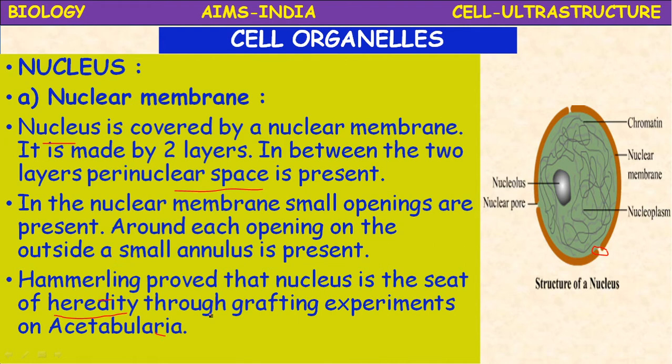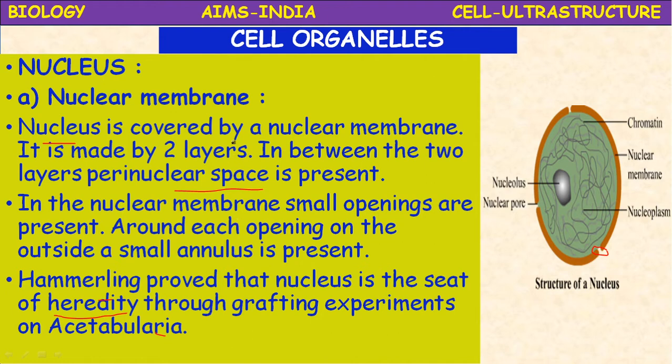So Hammerling conducted experiments on a large alga, that is Acetabularia. And which experiments did he conduct? Grafting experiments on this Acetabularia alga, and he proved that the nucleus is the seat of heredity.